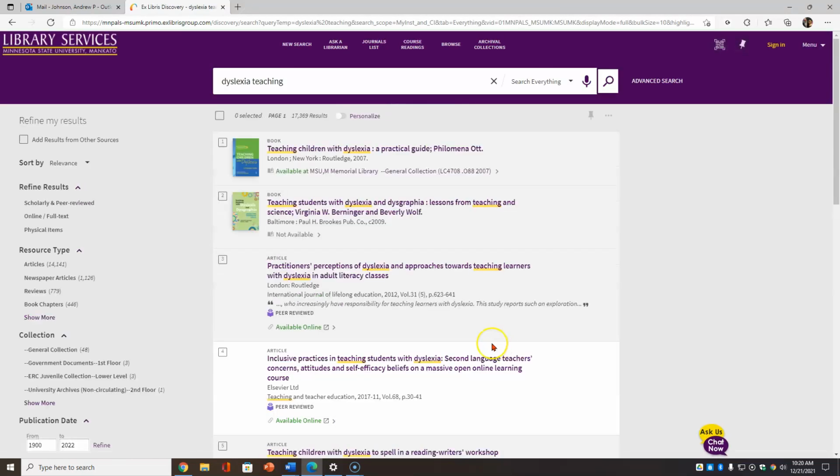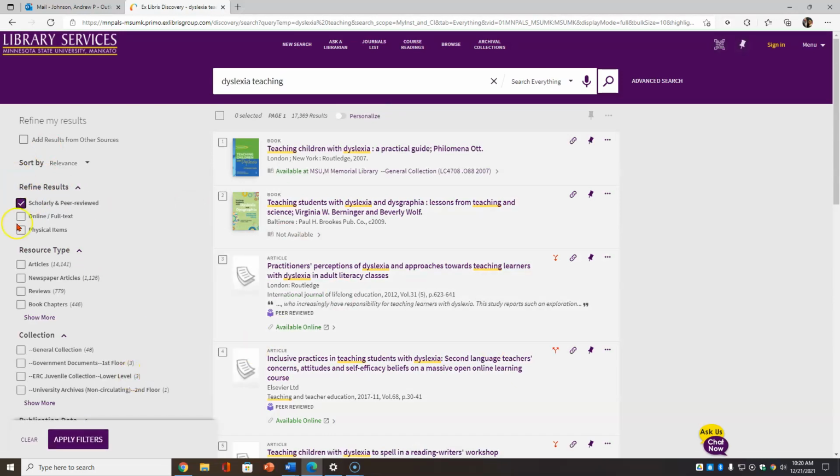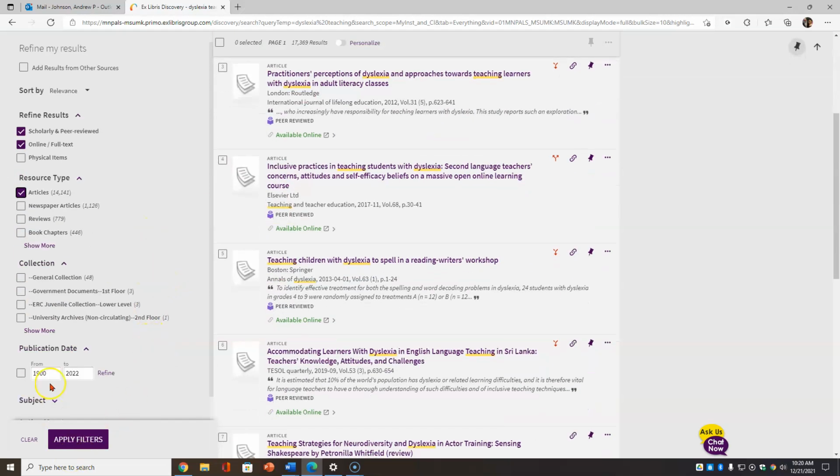So I'll do a search. That's what you do. And I'm going to refine my search. I want scholarly, peer-reviewed, online texts. I want articles. I'm not looking for books or book chapters. So I'm refining my search. And generally, I don't want to go back to 1900. I want to generally go, I'm going to say 1990, depending on the topic.